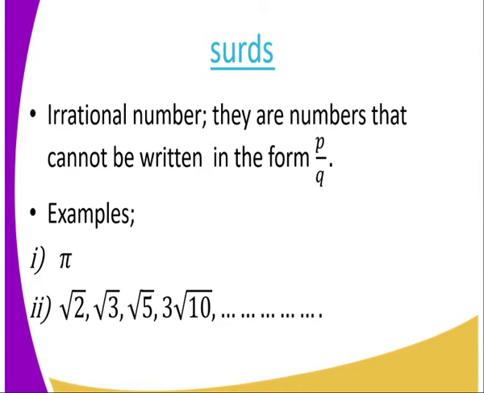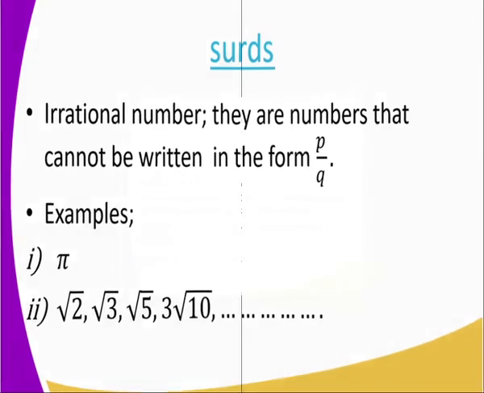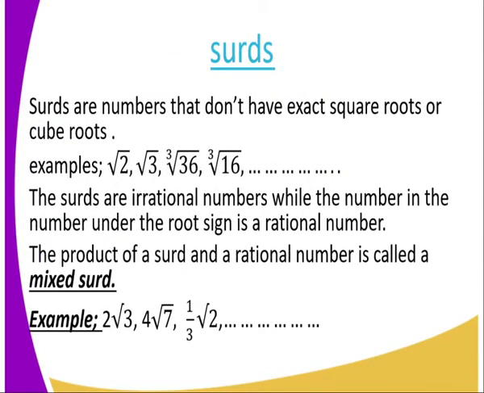All those numbers and many others cannot be written in that form. That one gives us the irrational number. That is the reason why we come up with the topic of surds, because there are other numbers that we have not included in the mathematics. And that is when we start operating.